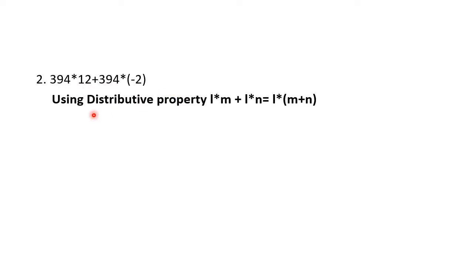Even here we are using the same distributive property, L into M plus L into N. So let's compare this formula with the given question. I am just explaining this for your clear idea.